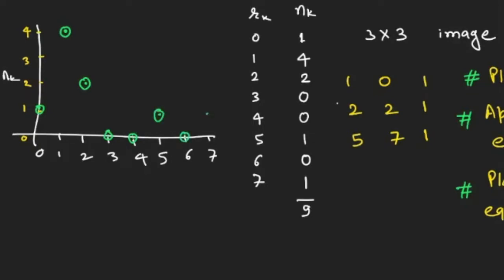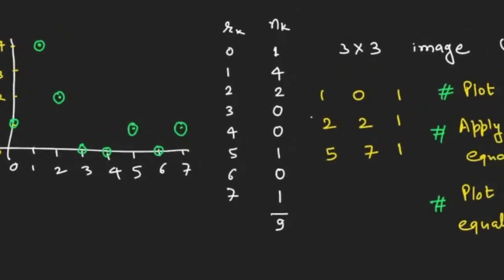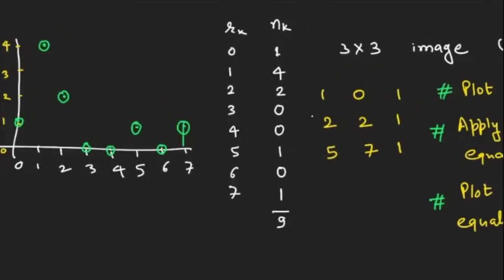And 7 is also 1. So this is our histogram. And we don't join the histogram like that. Rather, we make straight lines. So this is our histogram for the image.